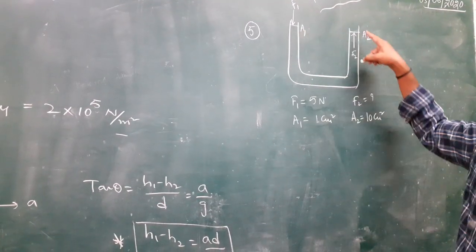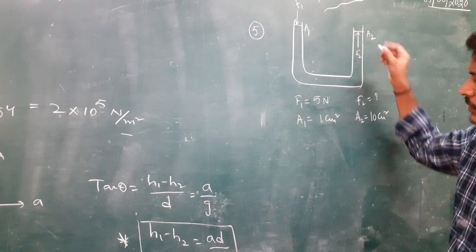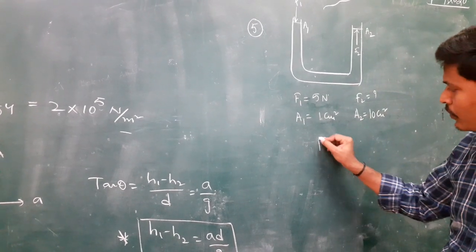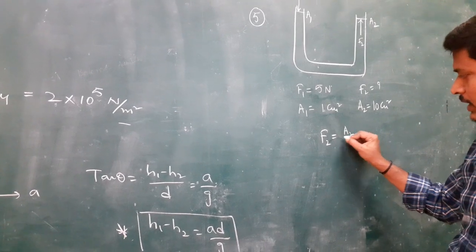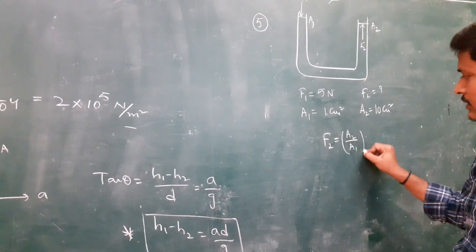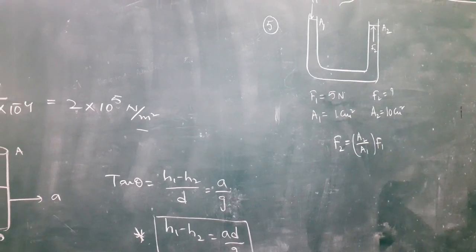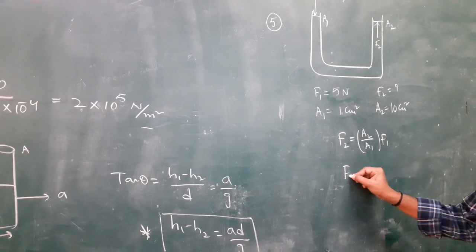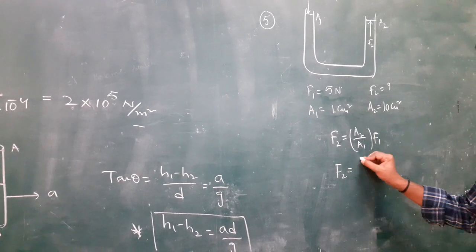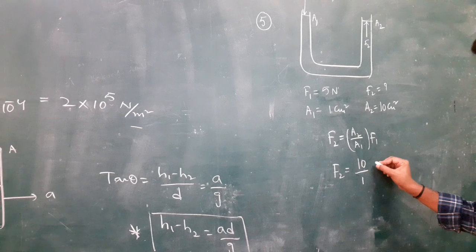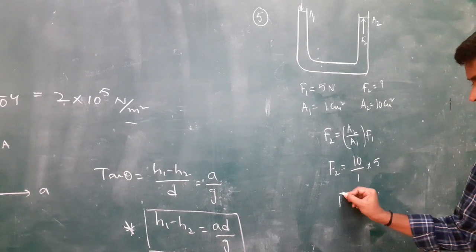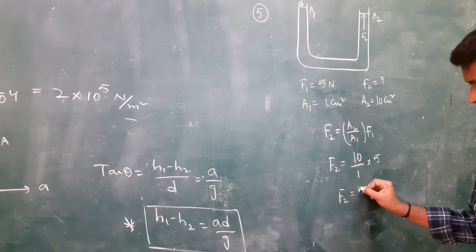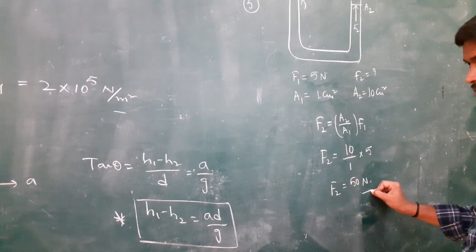According to Pascal's law, the force acting on the other end is A2 by A1 times F1. So F2 is equal to 10 divided by 1 into 5. Therefore F2 is equal to 50 newtons.